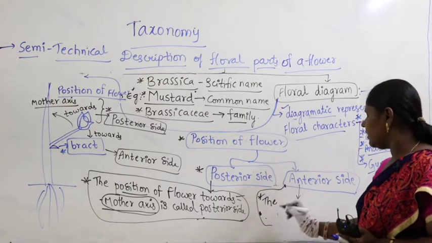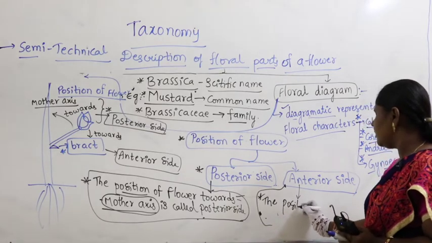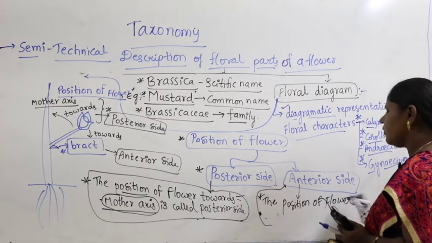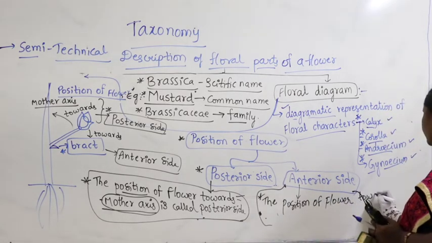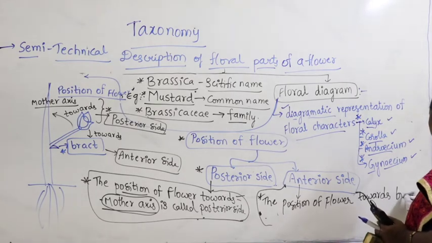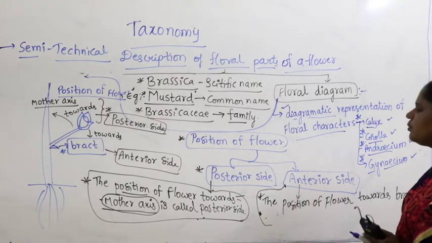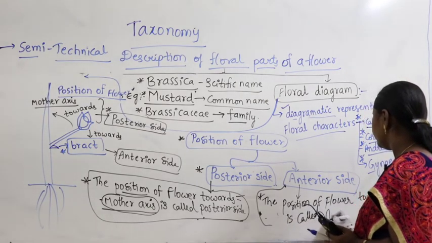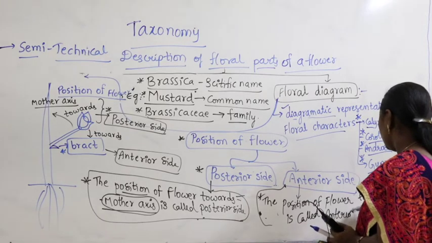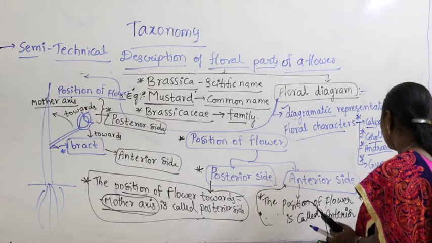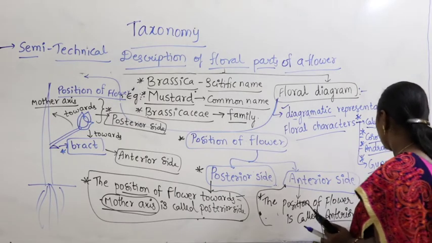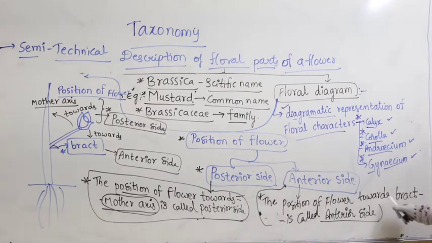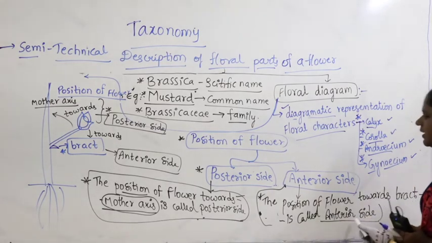I am writing for the anterior side: the position of the flower towards the bract is called the anterior side.